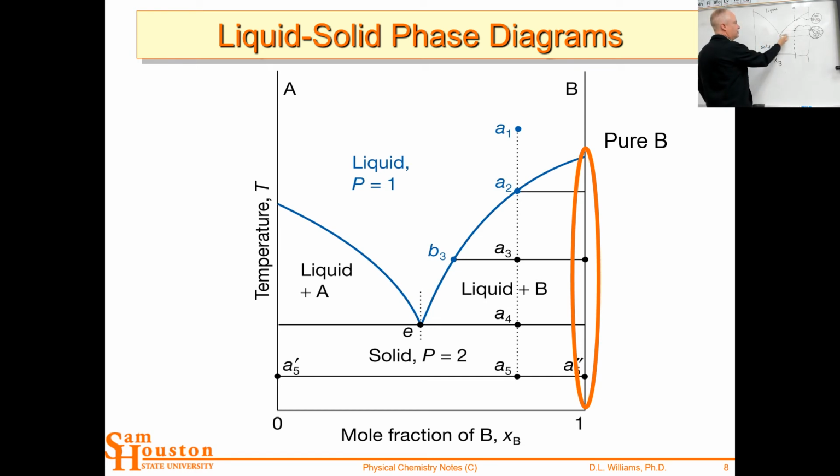The eutectic is still liquid solid equilibrium, but if we go just below that, we start to precipitate A. And so let's go below that here and draw our picture. Oh, wait. Microscope.